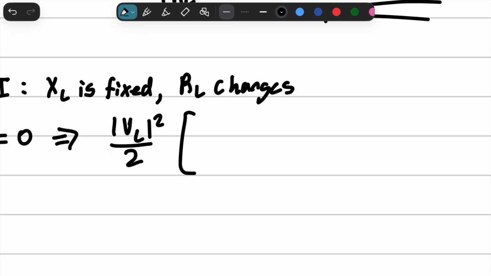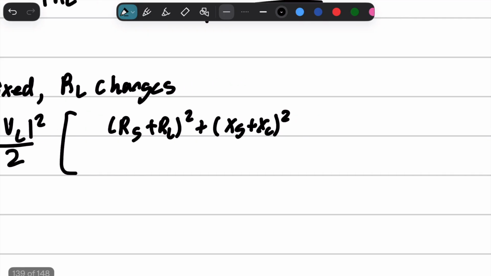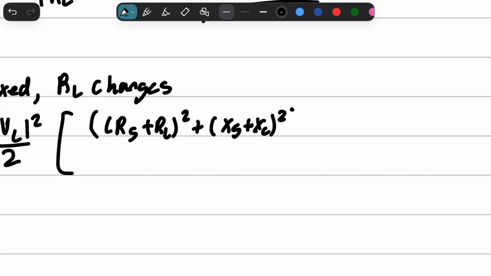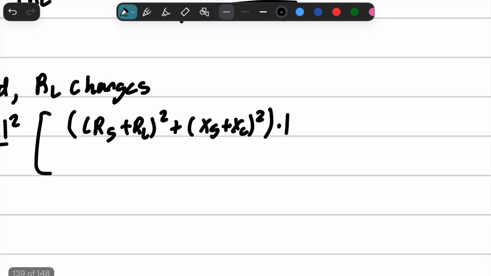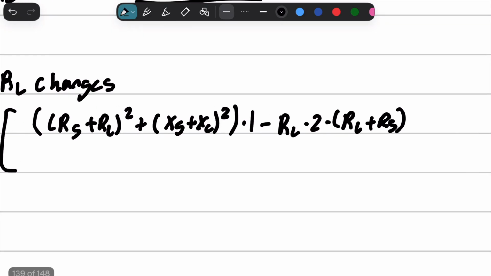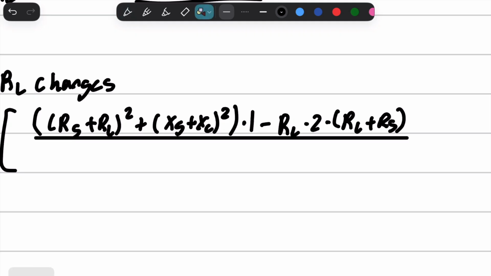We're going to apply the same thing on the top, and we're going to say RS plus RL squared plus XS plus XL squared times 1, because the derivative of the top is just going to be 1, minus our same RL times 2 times RL plus RS, all divided by d squared.